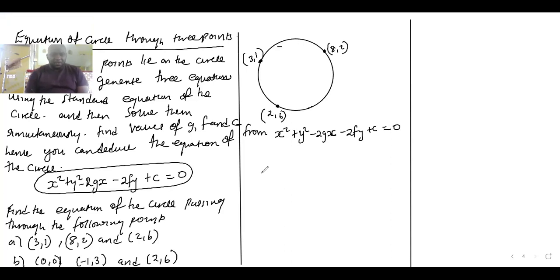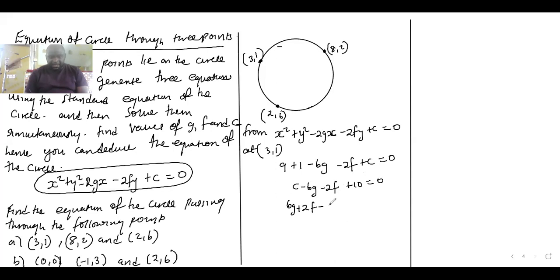So when I substitute the first point (3, 1), we shall have 9 plus 1 minus 6g minus 2f plus c is equal to 0. This will give me c minus 6g minus 2f plus 10 is equal to 0. So this clearly gives 6g plus 2f minus c is 10, equation 1.